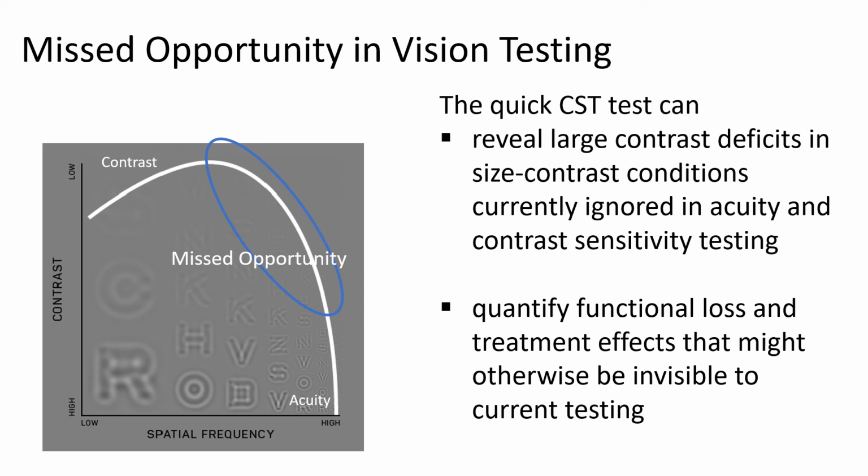However, a lot of visual deficits occur in intermediate spatial frequencies. The quick CSF test can reveal large contrast deficits in size contrast conditions currently ignored in acuity and contrast sensitivity testing, and quantify functional loss and treatment effects that might otherwise be invisible to current testing.